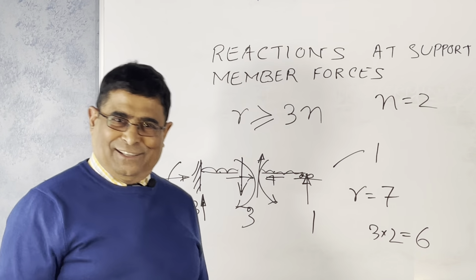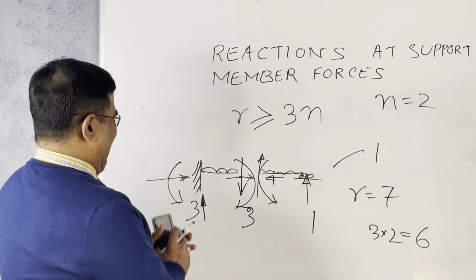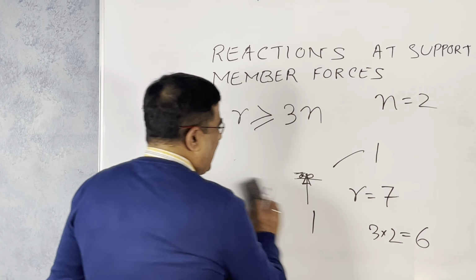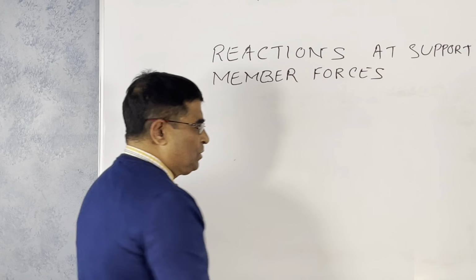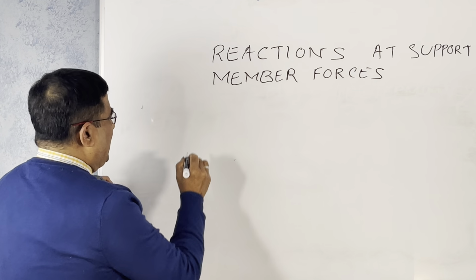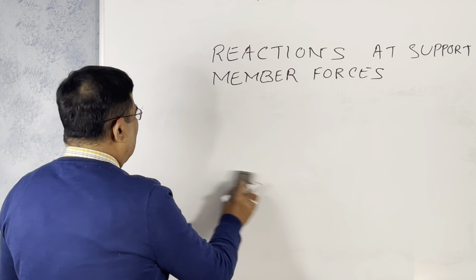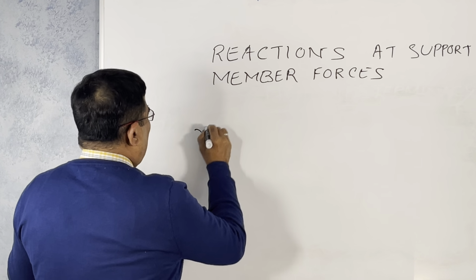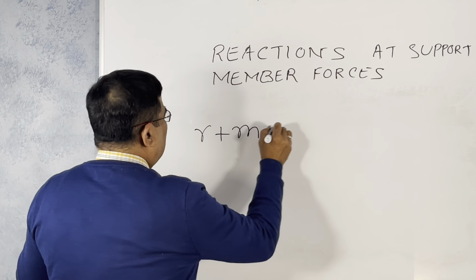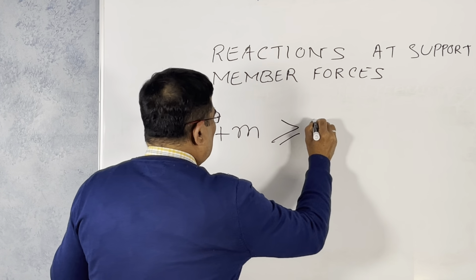It's easy, right? Okay. Now, in case of truss, a slightly different equation we use. We have R plus M is greater than or equal to 2J.